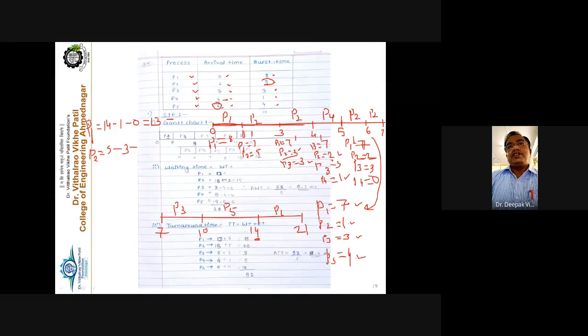This cannot be considered waiting time; it is the execution time for the process P2. So 4 minus 1 is equal to 3, and we are subtracting 3 milliseconds here. So 5 minus 3, and the arrival time for P2 is 1, that is equal to 5 minus 4, which is equal to 1 here.